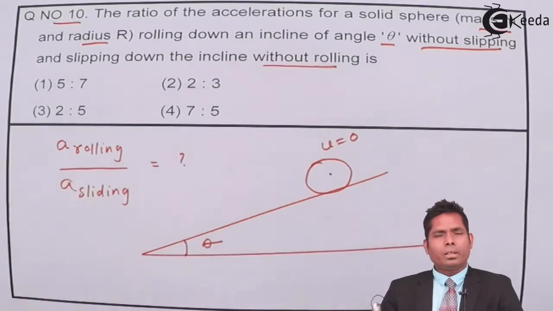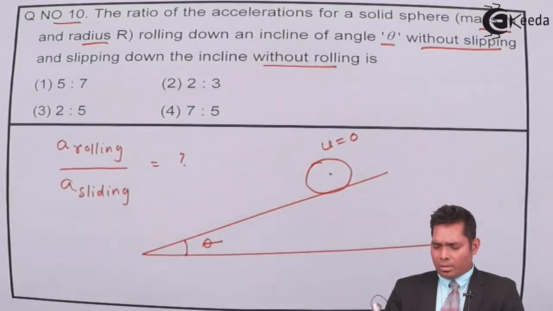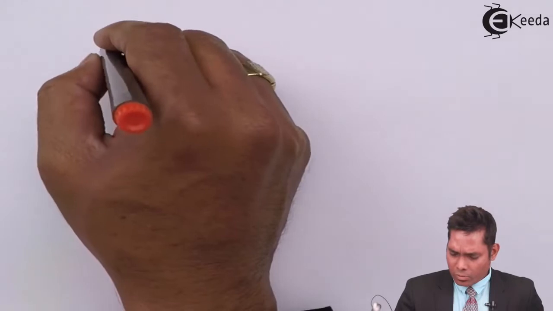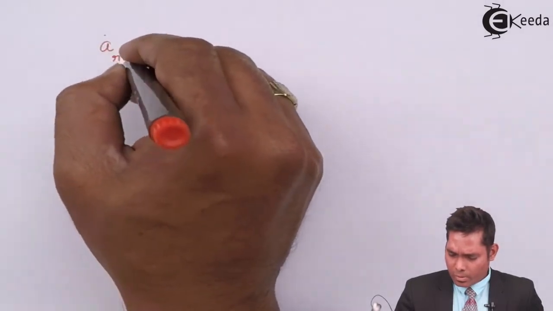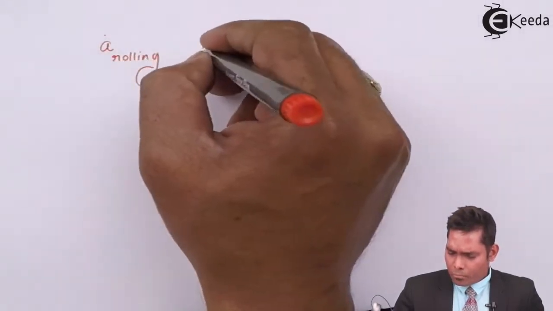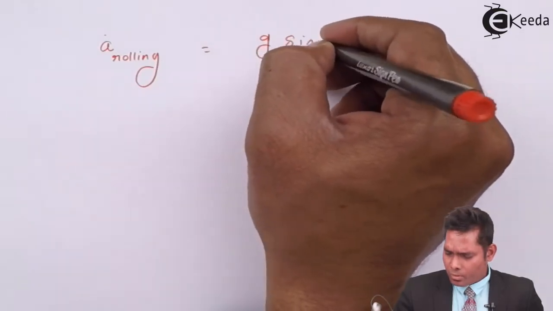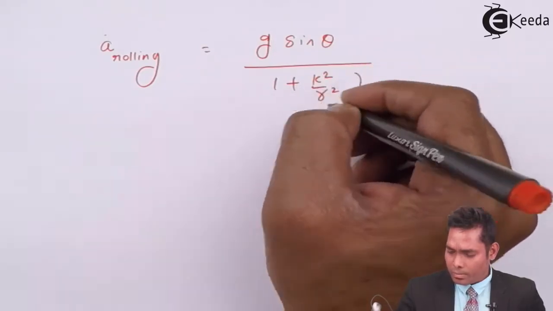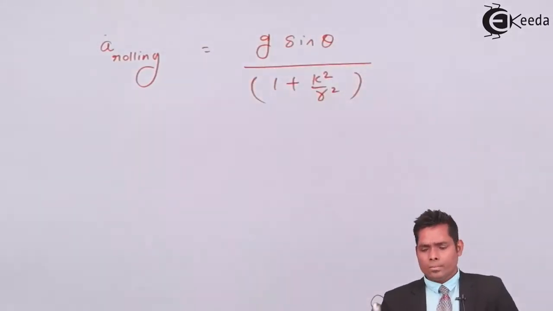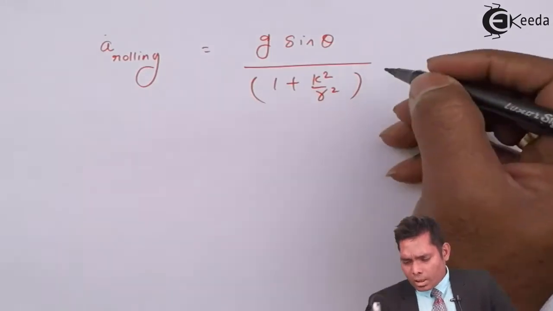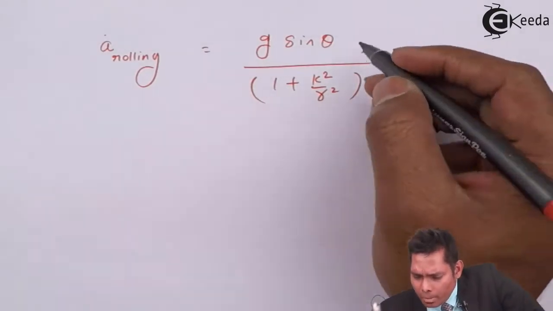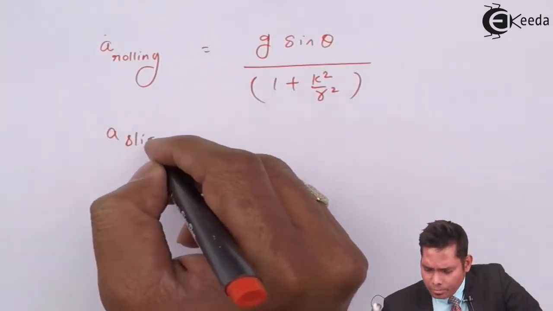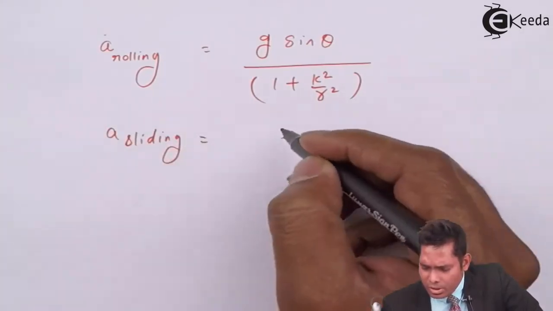In case of rolling, the acceleration is found to be g sine theta divided by 1 plus k square over r square. How this is derived we will discuss later, but this is the case. And in case of sliding, the acceleration is g sine theta.